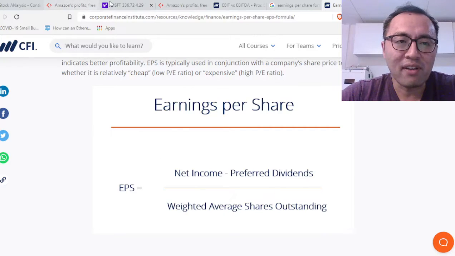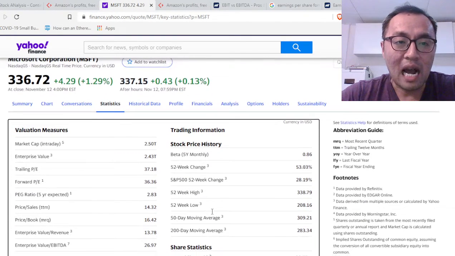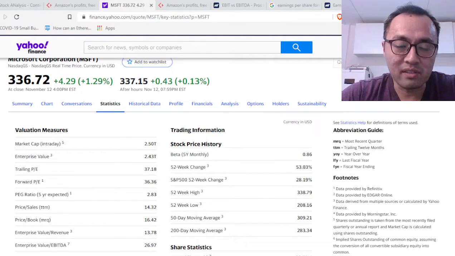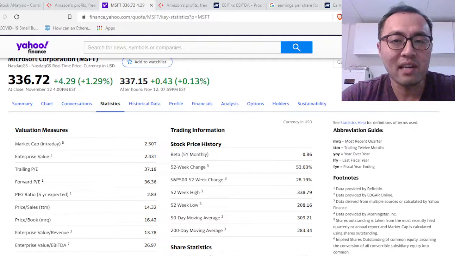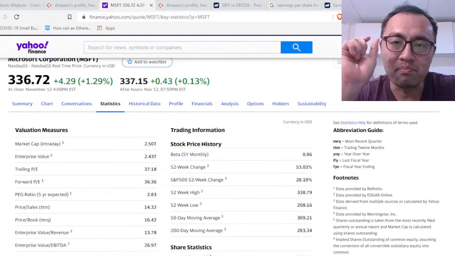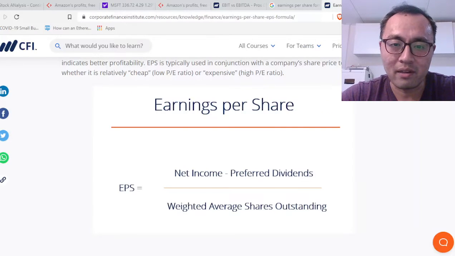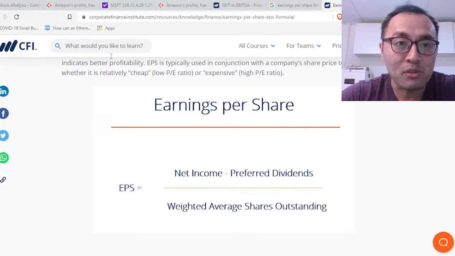So I use Yahoo Finance because I'm assuming that they use a consistent formula, meaning that when they calculate EPS, the numerator, the thing on top, is the same formula, net income minus dividends, right? I'm assuming that's what they use.